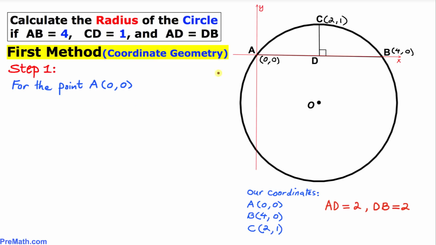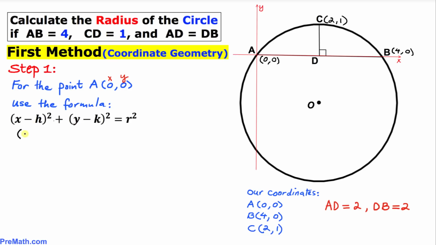Let's consider this point A, which is (0, 0). Let me call this 0 as x and this other 0 as y. And now we are going to use this formula, (x minus h) squared plus (y minus k) squared equals r squared. Let's fill in the blanks.